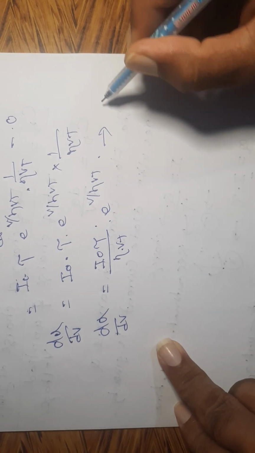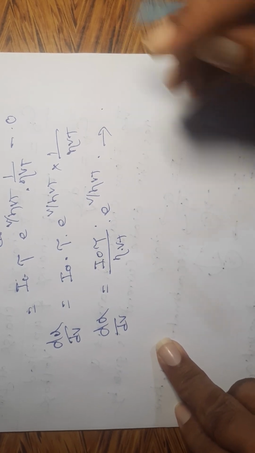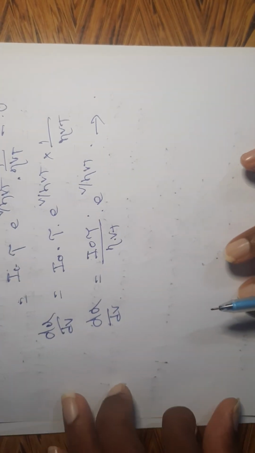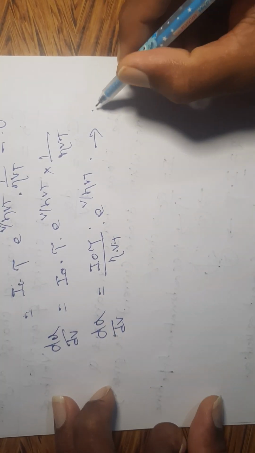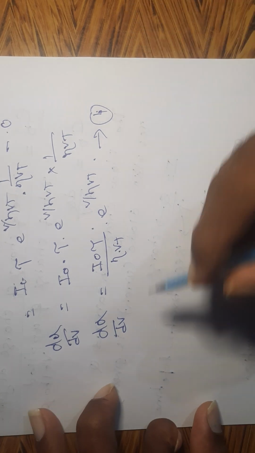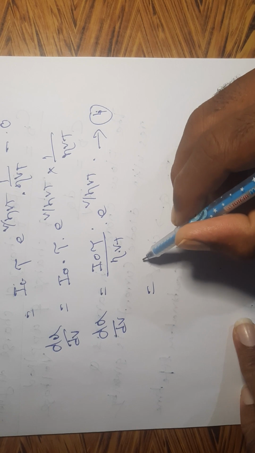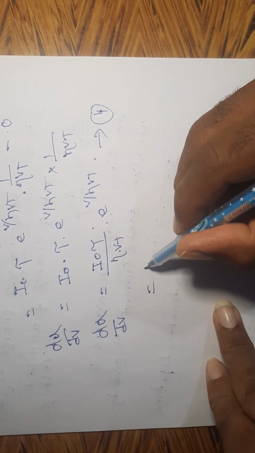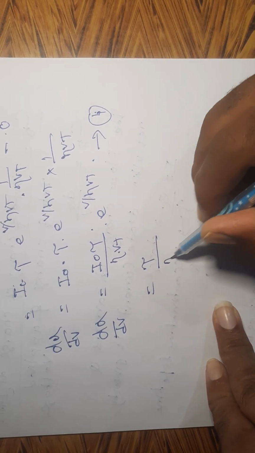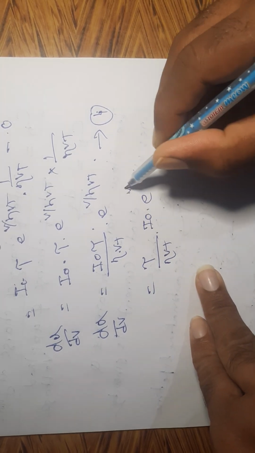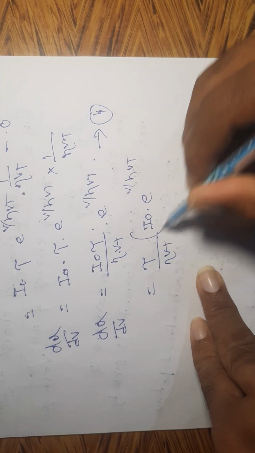Let us consider this equation 4. Now from the above equation, let me write it as τ divided by ηVT into I0 e^(V/ηVT).